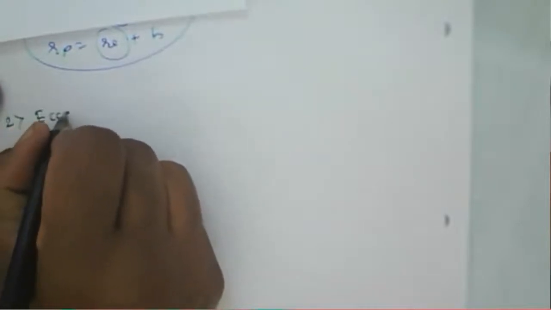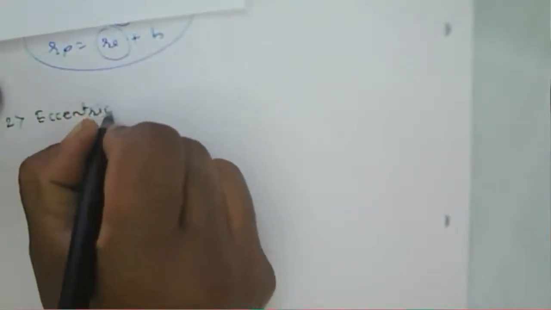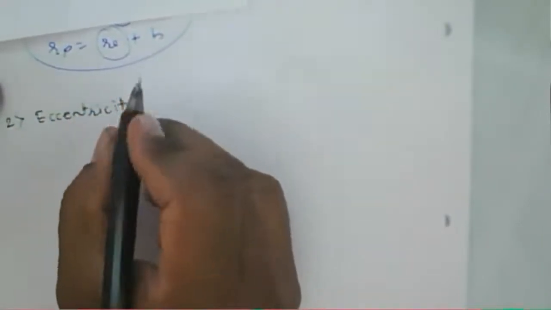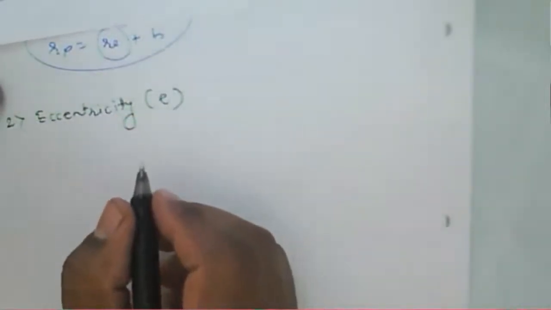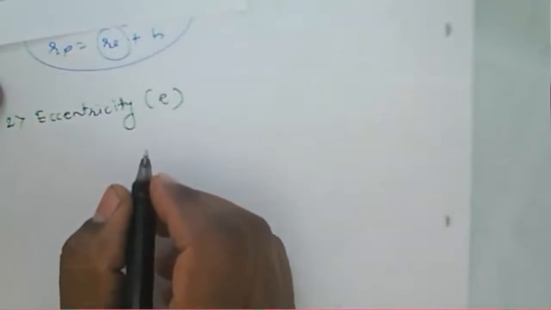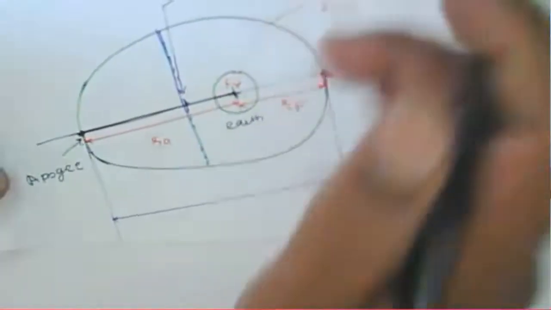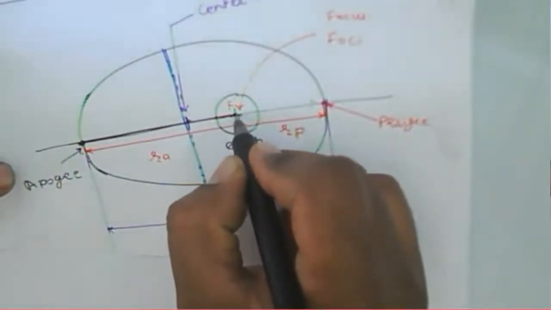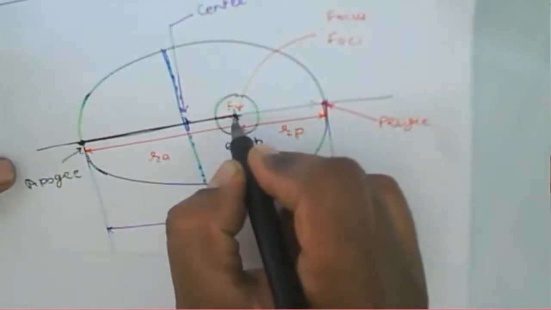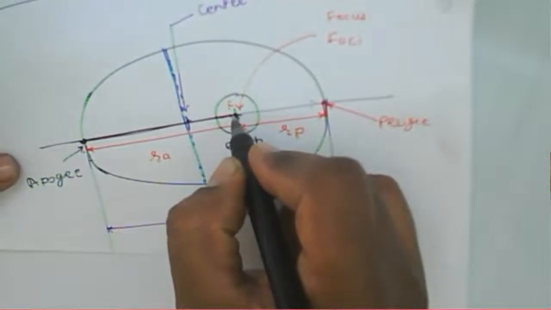Next parameter is the eccentricity. Eccentricity is termed E here, and it is the ratio of the distance between the focal point to the length of the major axis.